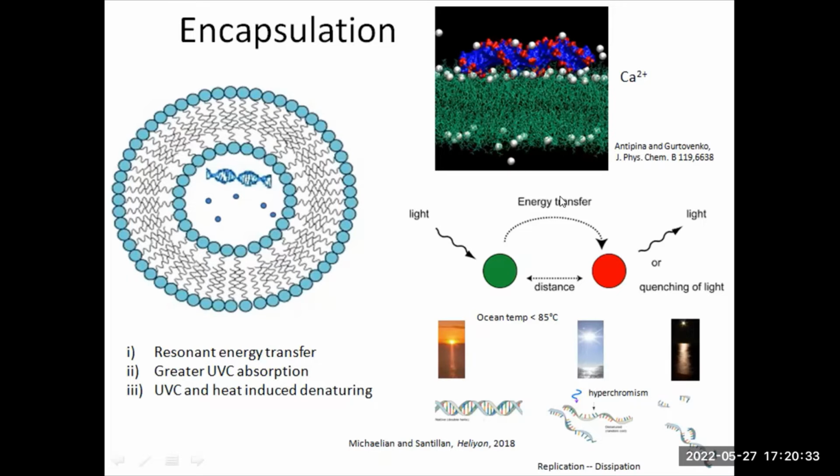So we can have this energy transfer, and we therefore get greater dissipation. The system is greater dissipating than the two components independently. And also because the vesicle and the DNA or the other organic molecules within the vesicle are absorbing UVC light and dissipating that into heat. And as you know, these lipids are really like fat layers, so they are rather impermeable to infrared light.